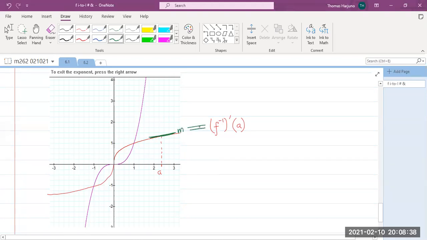That's the same. Now, the way the theorem works is the following. If f inverse of A equals B, let's call that B here, then f(B) equals A. If this is B, then this is A.